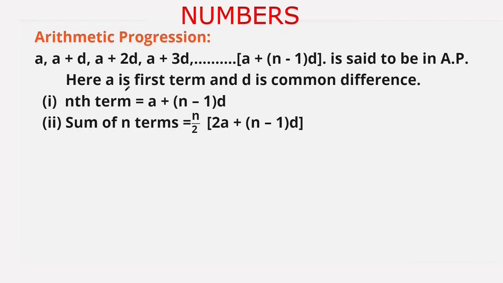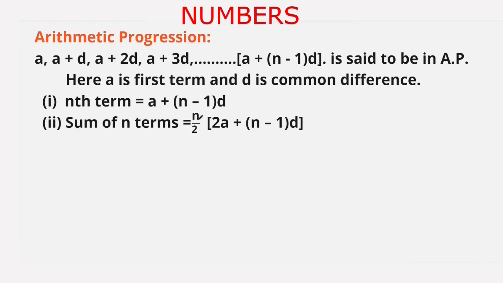Here a is first term and d is common difference, and there are two basic formulas for finding the nth term and sum of n terms. The first formula is nth term equal to a, which is first term, plus n minus 1 into d, where d is common difference.